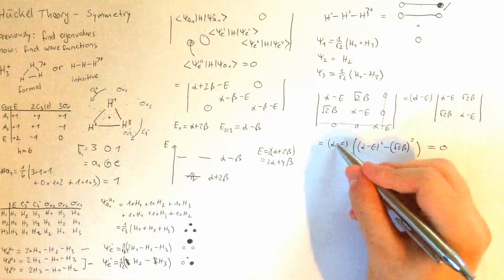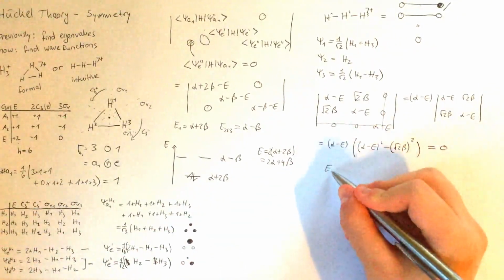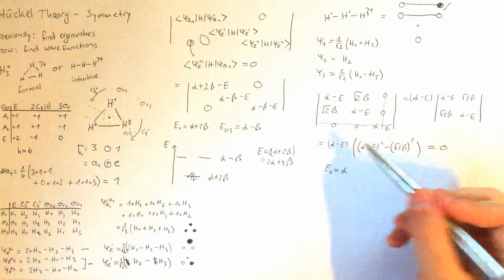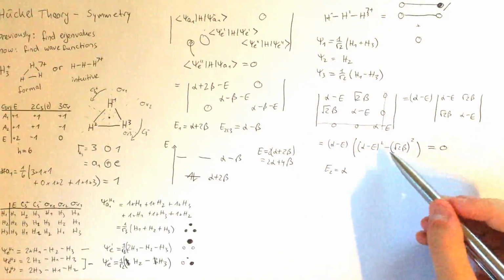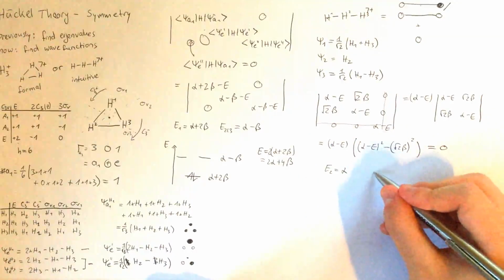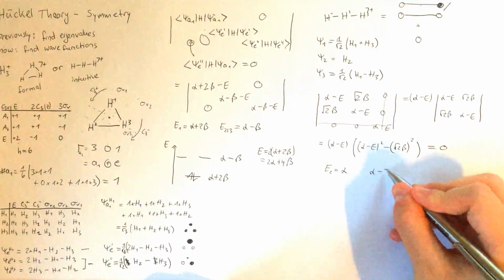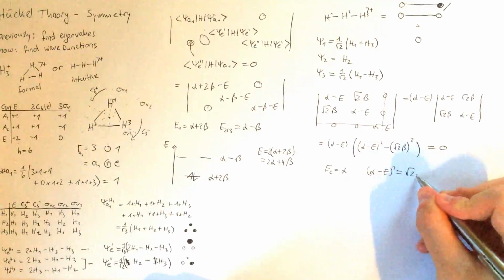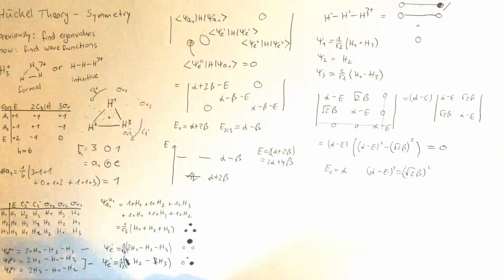So from here, we can immediately read off a solution as the energy just being alpha. Here, we'll have to think about it a bit, but it's not that difficult because it says that alpha minus E squared is equal to root 2 beta squared.